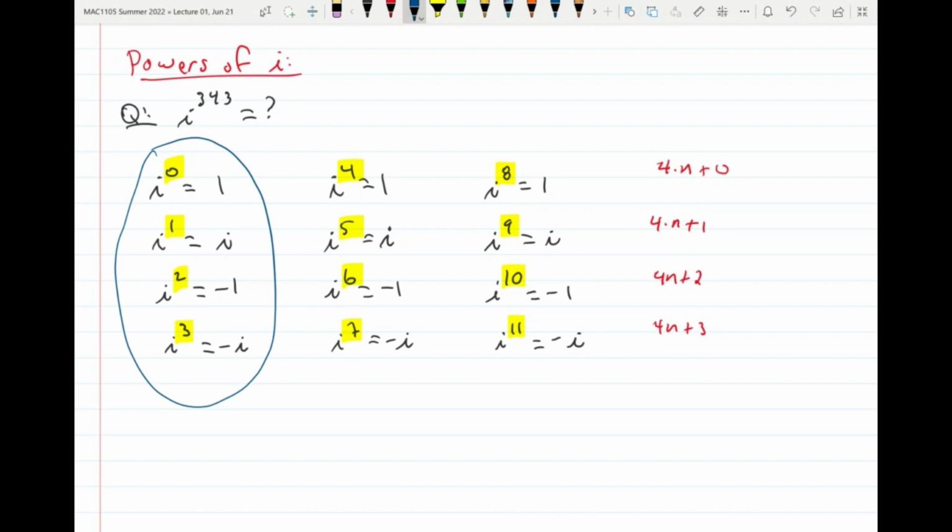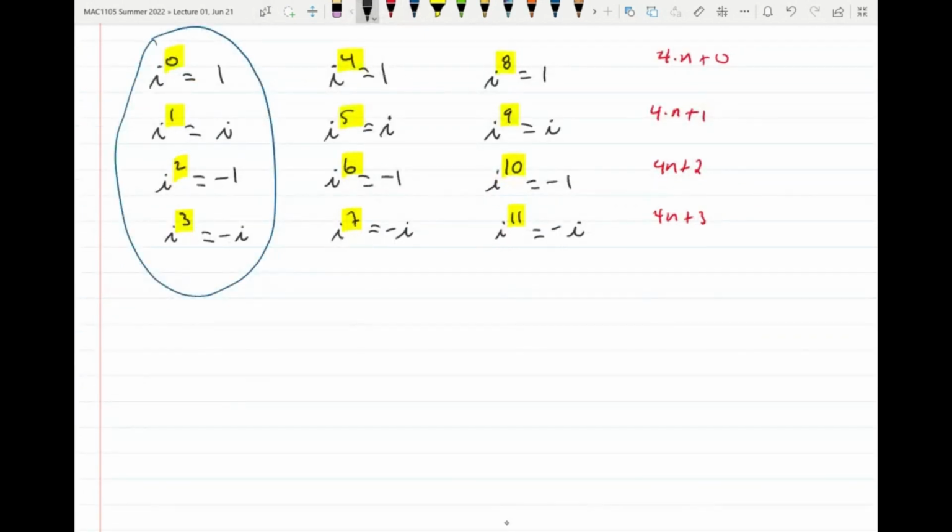Okay? So let me write down the theorem. The theorem. Let n be any non-negative integer.